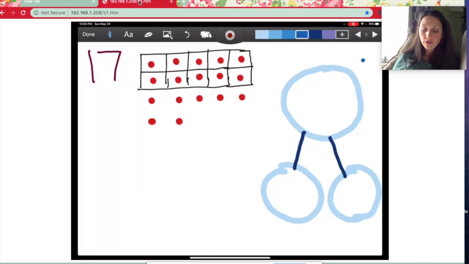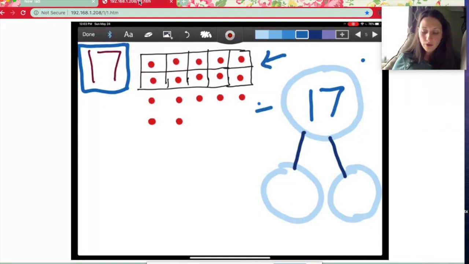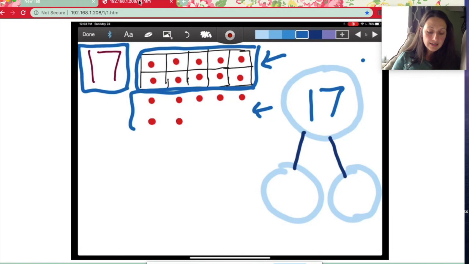So what's our first number? What's our whole number? The number we're working on today is the number 17. And here we broke 17 up into 2 parts. This part that's in the tens frame and this second part that's in our, we'll say, imaginary tens frame.